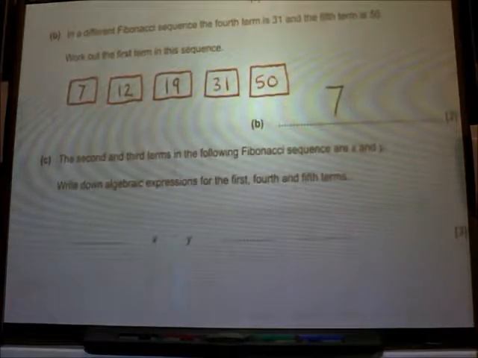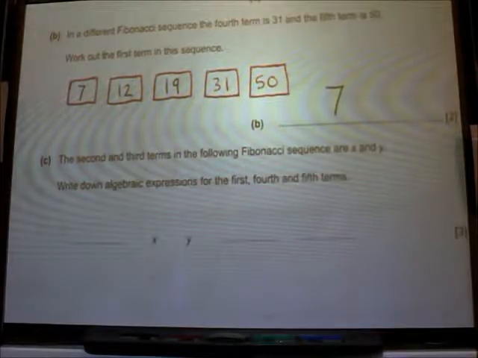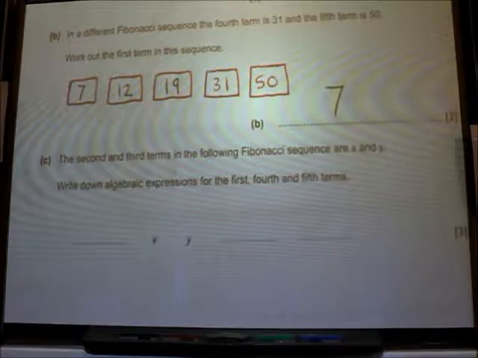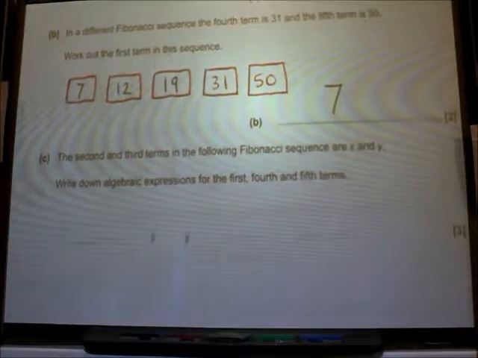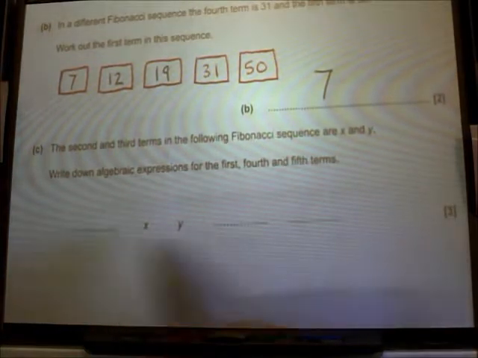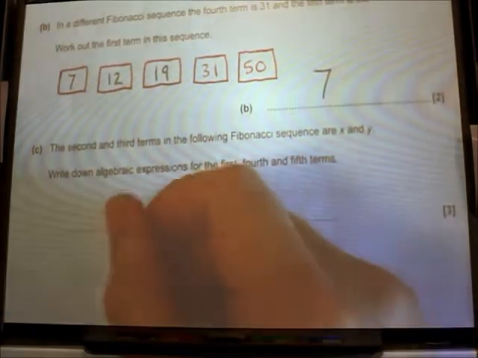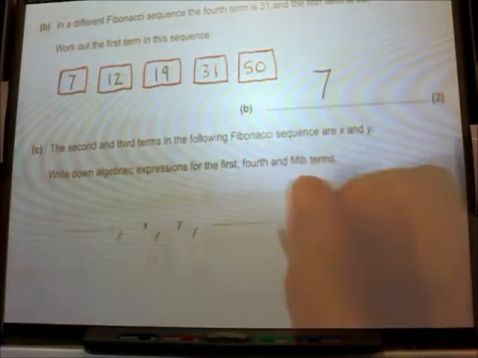Okay, the 2nd and 3rd terms in the following Fibonacci sequence are x and y. Write down algebraic expressions for the 1st, 4th and 5th terms. So you get 1 mark for each, I'm assuming here. Let's do these last two first because they're a bit easier. So it goes blank, x, y, blank, blank.